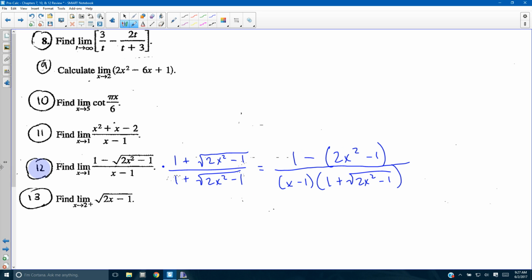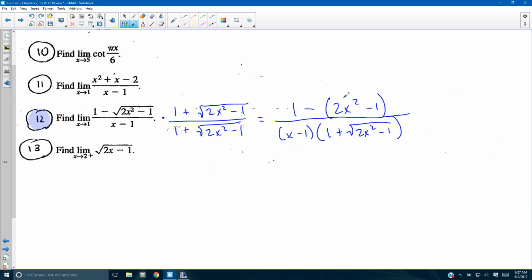Okay, so on top now, it looks like I'm going to do 1 minus 2x minus negative 1. So that'll become 1 minus 2x squared, then that plus 1, we're going to do 1 plus 1, which is 2 right here.